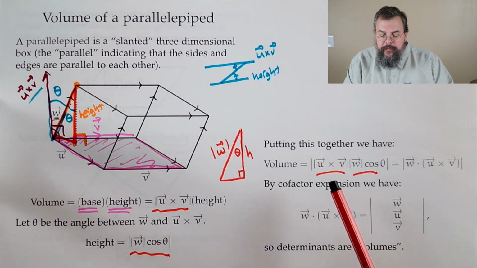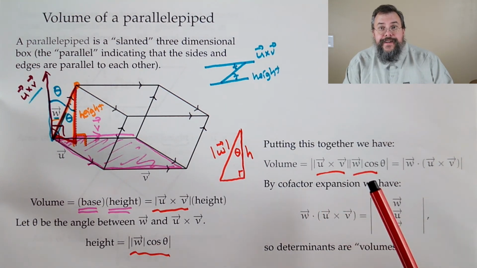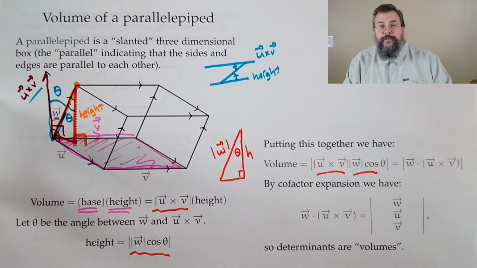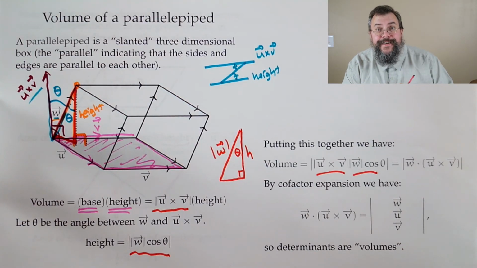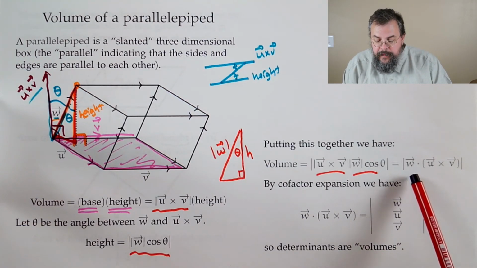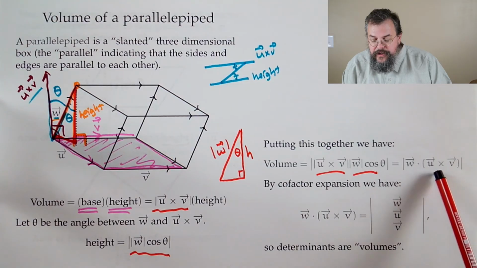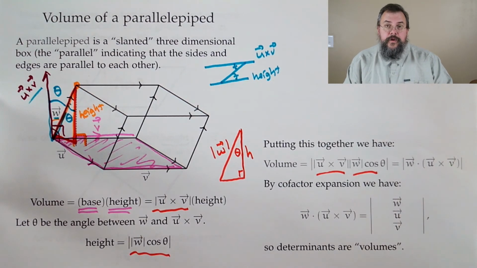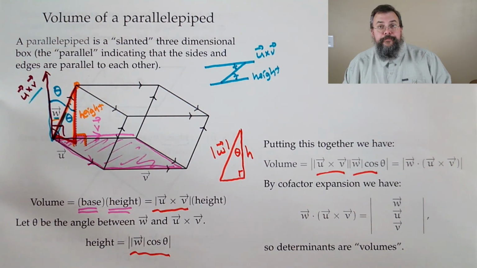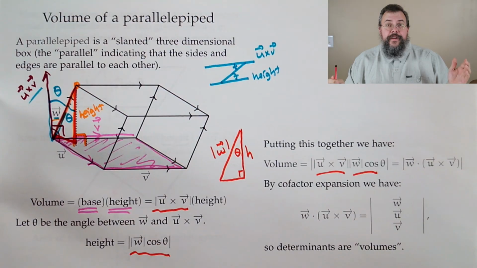You have the magnitude of two vectors times the cosine of the angle between the two vectors. That's a dot product. And so this is the same as the vector w dot u cross v. And then you take that number, whatever it is, and just make sure it's positive. And that's the volume. So that's actually fairly easy to compute.